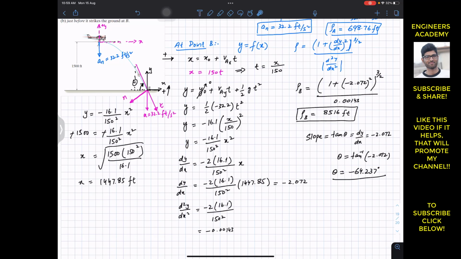Now as we can see, this acceleration is perpendicular to the horizontal, and this normal axis is perpendicular to the tangential axis. So if the angle between the horizontal and the tangential axis is theta, then the angle between this acceleration and this normal axis is that same angle theta.